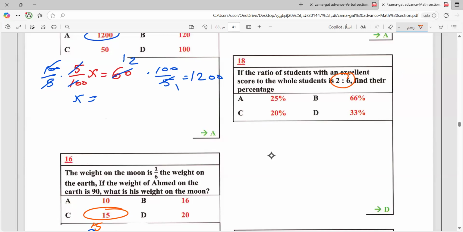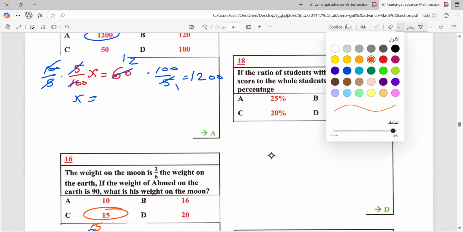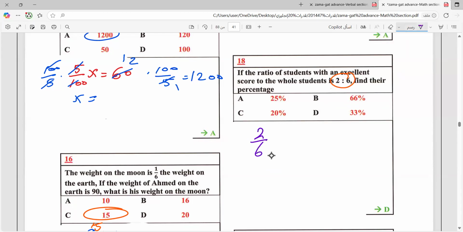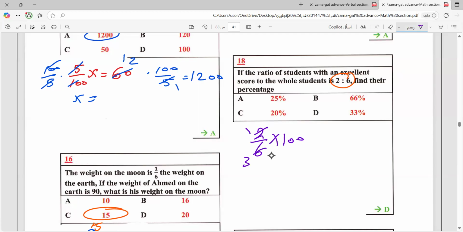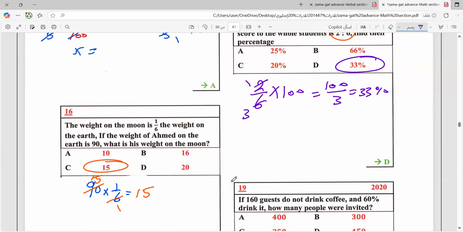So here we have 2 over 6. We need to find the percentage. We multiply by 100. So here, 2 over 6 is 1 over 3, so it is 100 divided by 3, which will be 33 percent. So the answer is D. Clear?